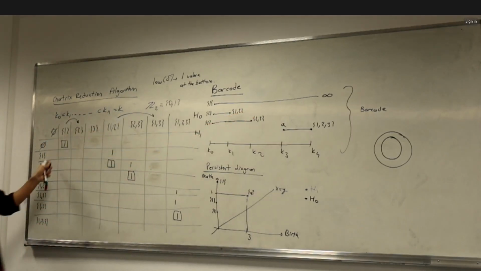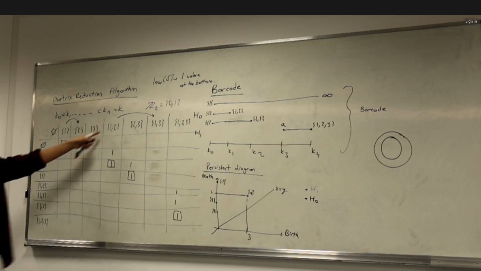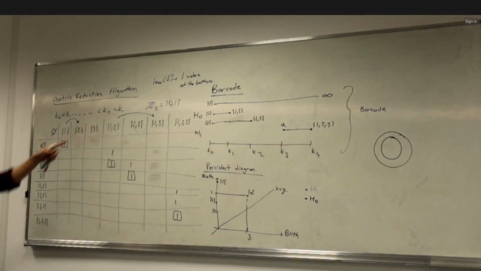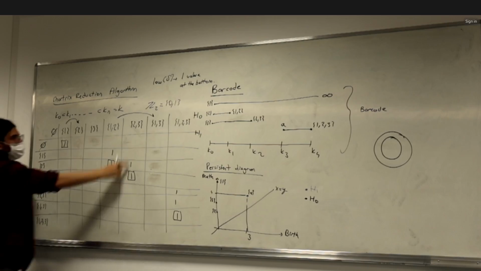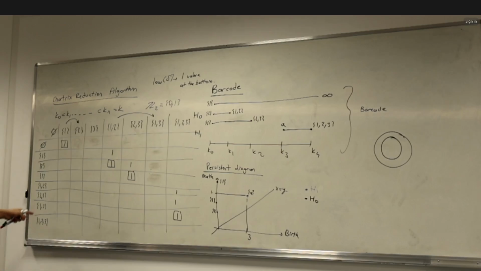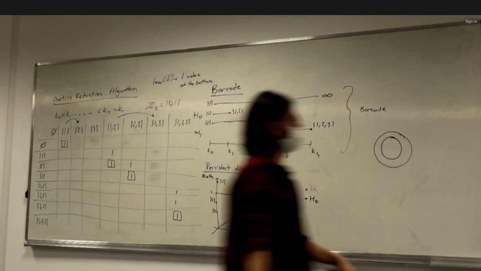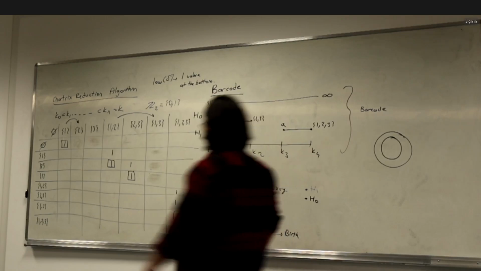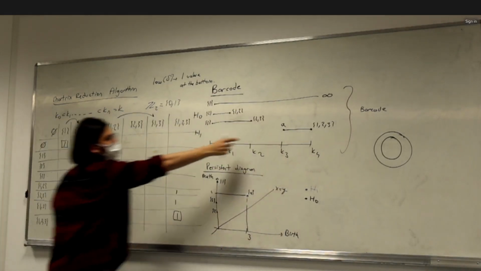But 2 is killed by 1, 2, you can see it here, and 3 is killed by 2, 3, which is here. And the cycle that we created by adding 1, 3 is killed by 1, 2, 3.